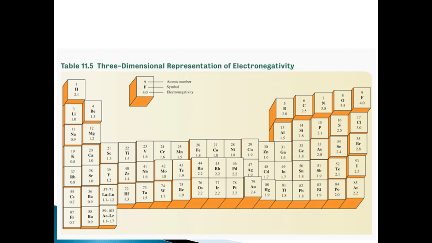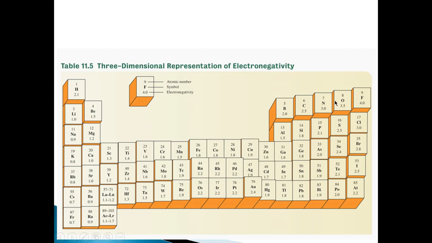So you can have access to that, and you can see the different values for the different elements. In fact, that is the scale that you'll be using in your future tests and exams. It's a 4-point scale, or the maximum value is 4, so 4 would be the highest possible electronegativity value, and that is the value for fluorine. So fluorine is the most electronegative element, and then you have some others.